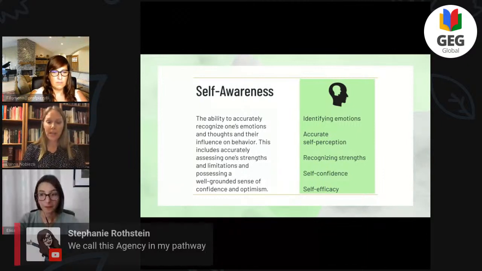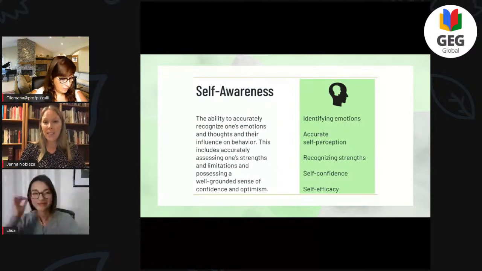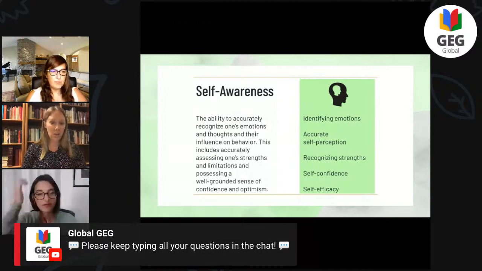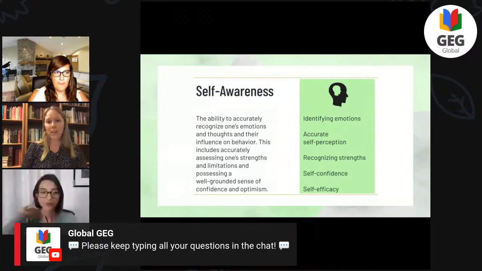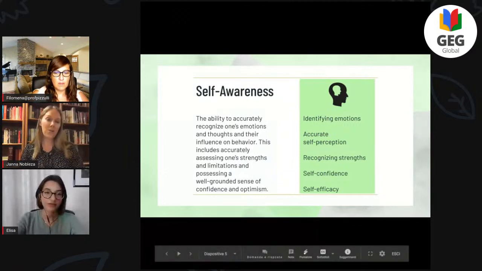So perhaps the behavior of our classroom management, or the way that we're teaching our lessons, or the balance that we have between being at home and being at school. So that self-awareness is really important, not just for students, but it also carries on into adulthood with us teachers as well.